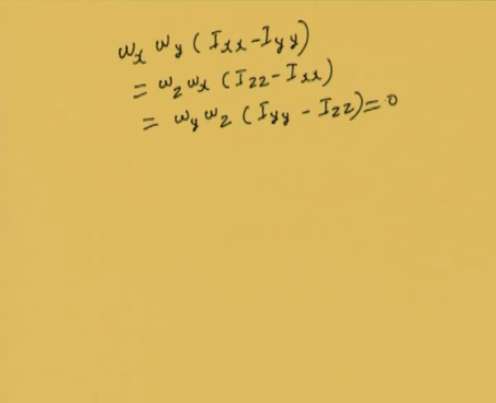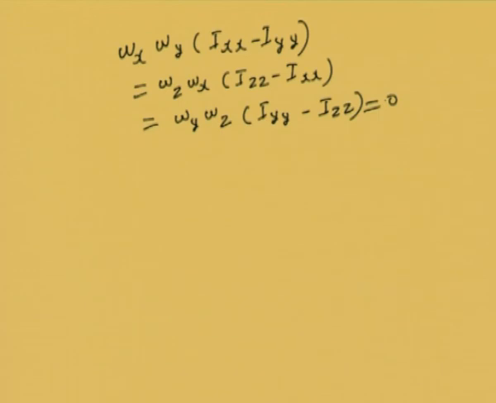This requires that at least two of the components of angular velocity are 0, that is, the angular velocity is along only one of the principal axes. Then it can be without any moment.